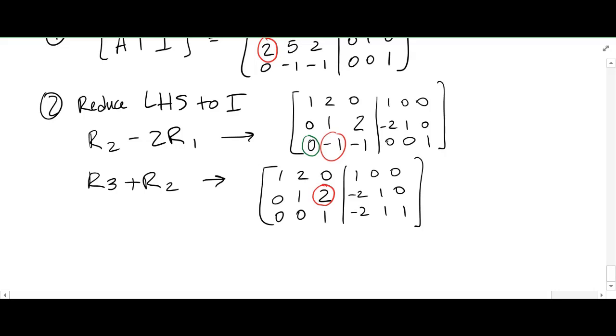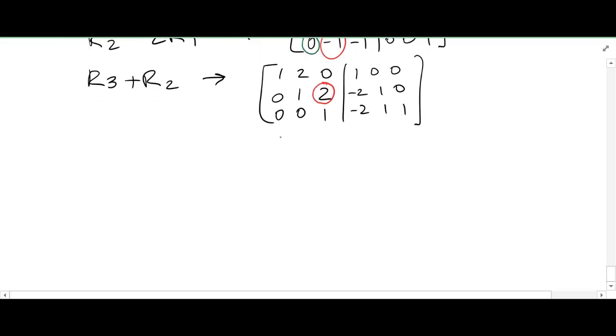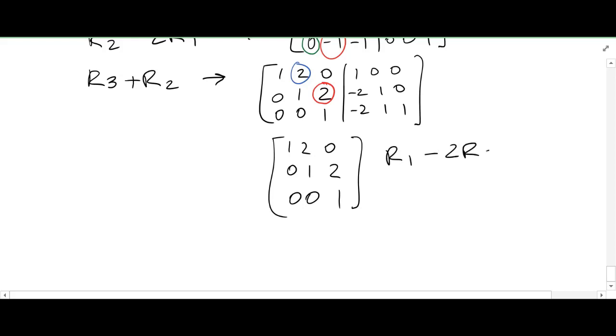But on the other hand, if I wanted to reduce this upper 2 first, what would happen if I did that? I would have to do row 1 minus 2 row 2, and so I would end up with 1, 0, negative 4 in that entry.